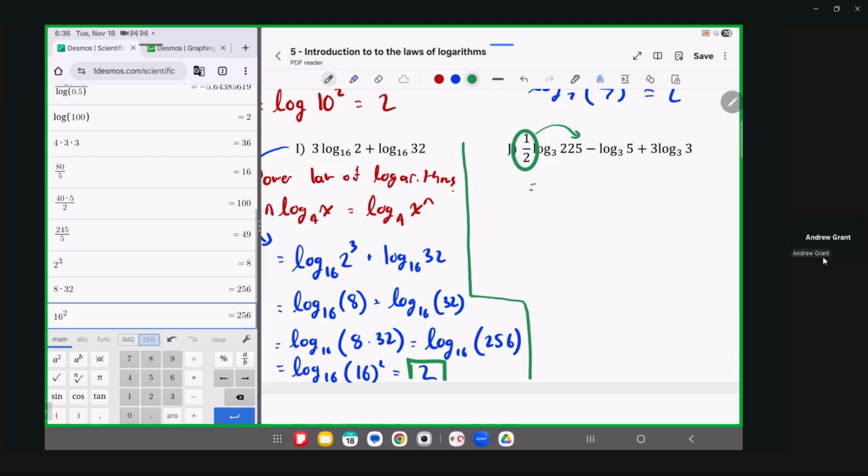Okay, so this will be log base 3 of 225 to the power of a half minus log base 3 of 5. And we can just plus 3 afterwards. So this expression, this log base 3 of 3 is just equal to 1. So 3 times 1 is just merely 3.